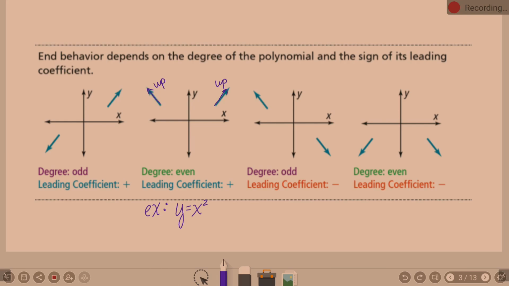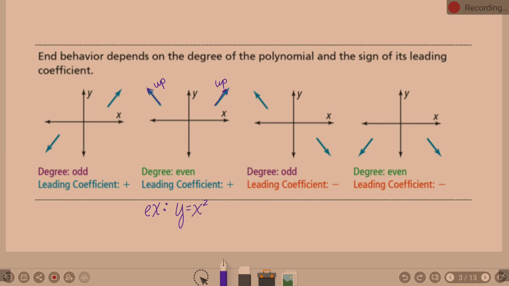This book talks in terms of infinities, so we'll talk about it going up to positive infinity. But I had a previous book that instead of using the infinities used just the basic words up and down. And I think they're helpful to realize that if it's an even, both pieces are going the same. And if it's positive x squared, they're both going to go up.